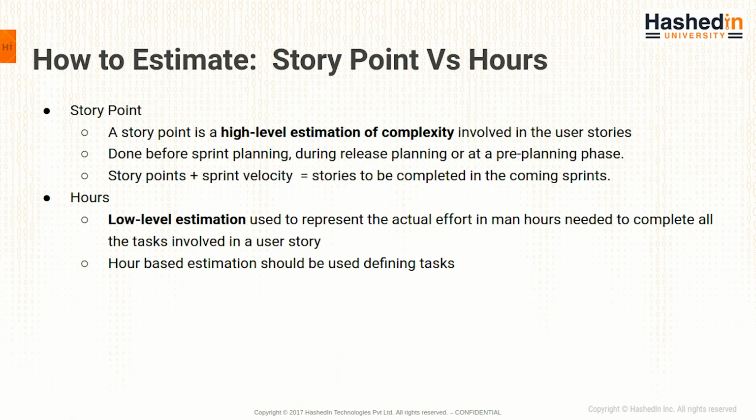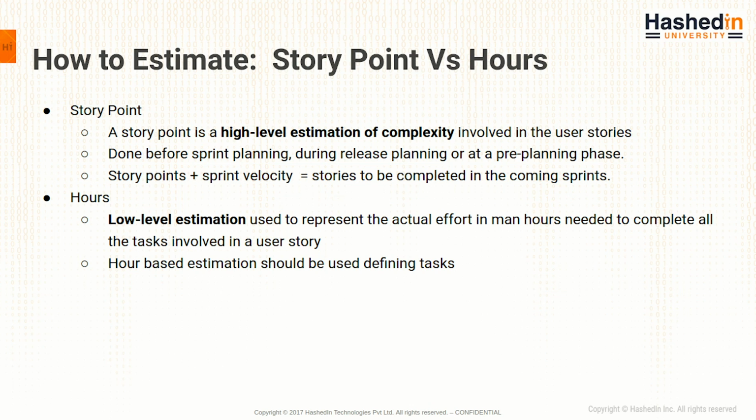Now, the next important thing when you are creating a user story is to do effective estimations. There are two ways you can estimate: one is story points and another is hours. So what is a story point? A story point is a high level estimation of the complexity involved in the user story. For example, if my user story value is 1, that is not defining the number of hours or the number of days.